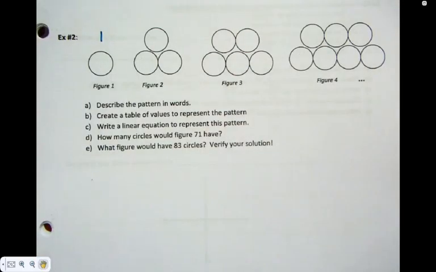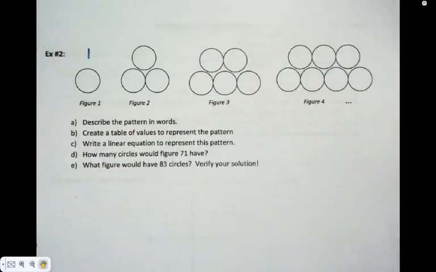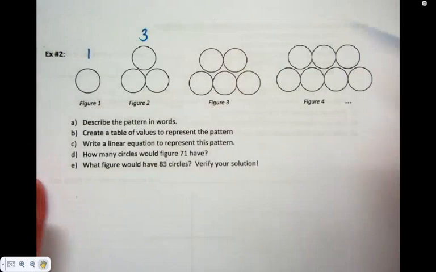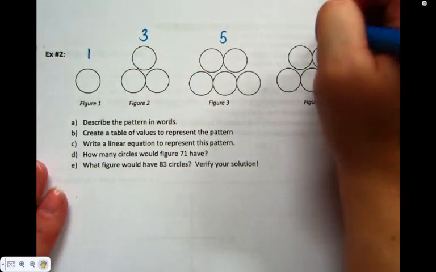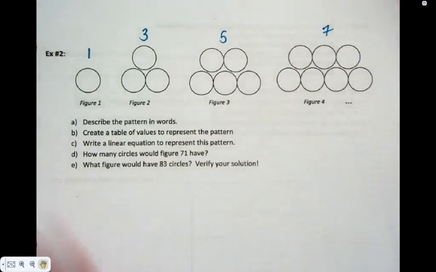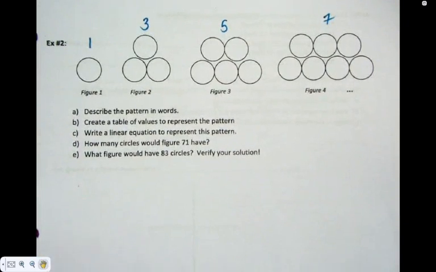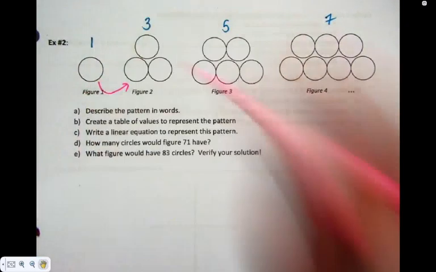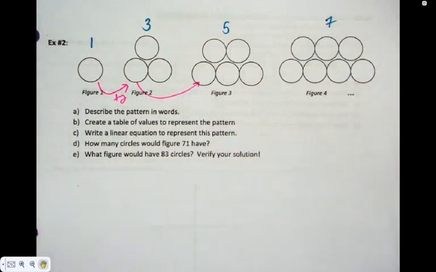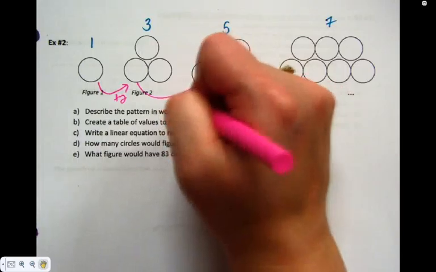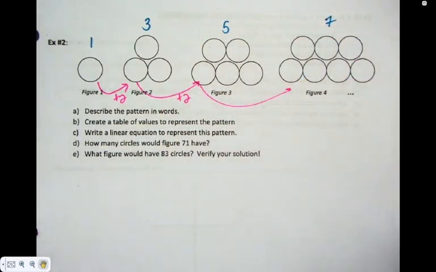The first obviously has one circle. How many circles in the next one? Followed by? Followed by? What do we add to the first figure to get the second? What do we add to the second figure to get the third? What do we add to the third figure to get the fourth?